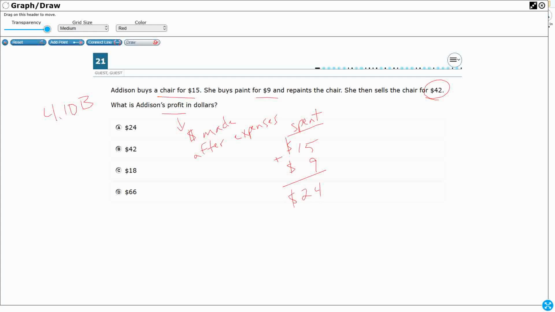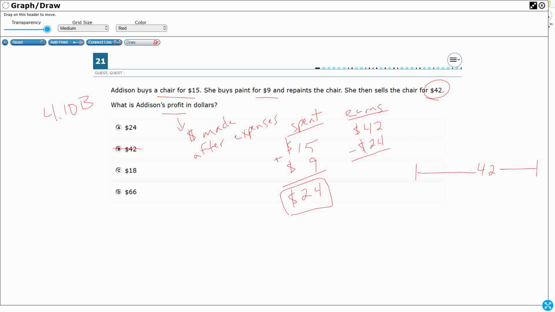Okay? Now she earns $42 because that's the price that she gets for the chair. So she doesn't get $42 as a profit because she's already spent $24 in order to get that 42. So we need to subtract that 24 from that 42. We could think of it as a strip diagram if we really want to.